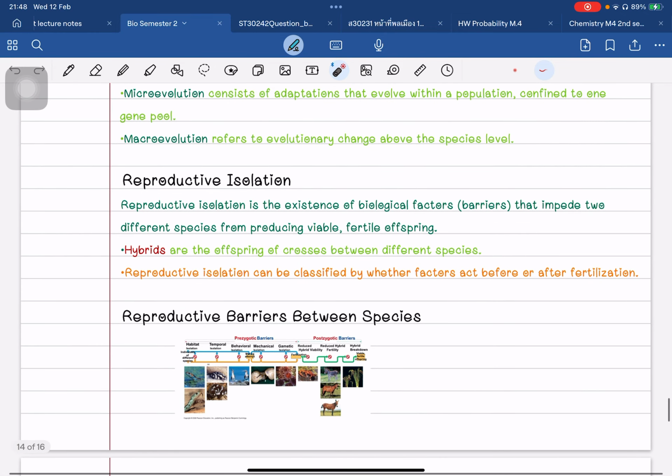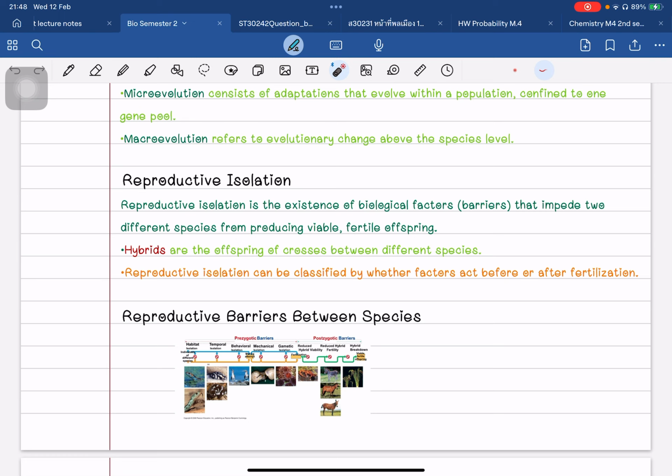Next is about reproductive isolation. Reproductive isolation is the existence of biological factors, which are barriers, that impede two different species from producing viable fertile offspring. So, hybrids.